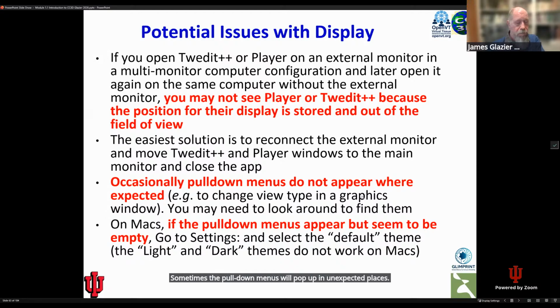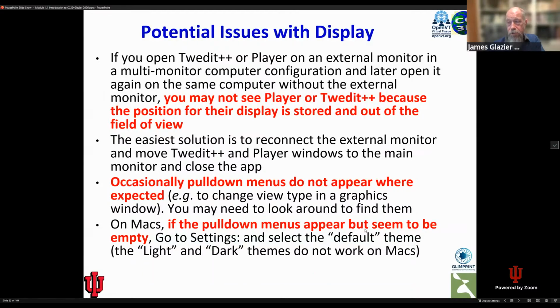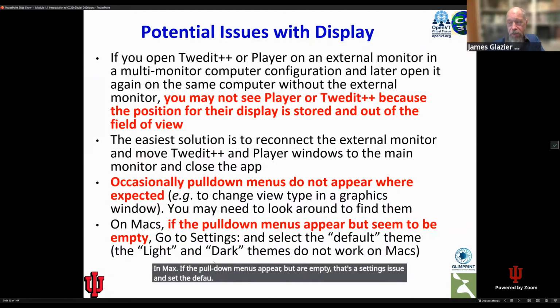That could be rather frustrating, and I don't have a good answer to that, except you have to look around. The pop-up menus are there, but they're not always clear. They may not show up where you expect. On Macs, if the pull-down menus appear but are empty, that's a settings issue, and you should set the default theme. The light and dark themes for Mac will not work with Player.